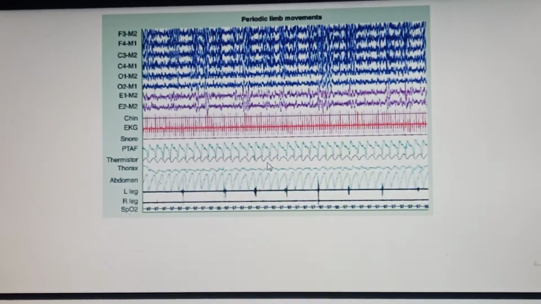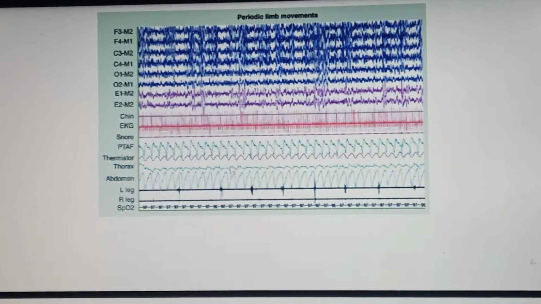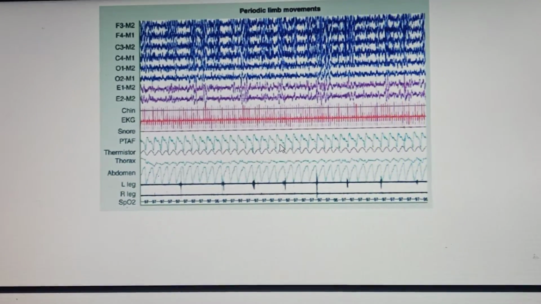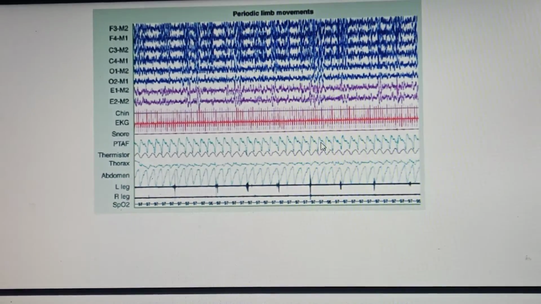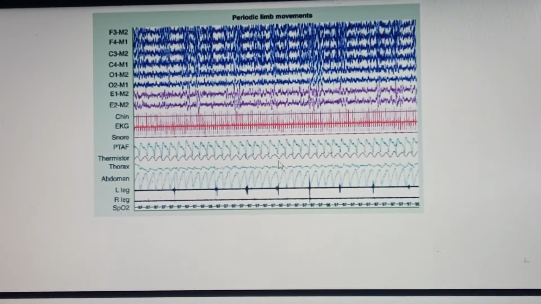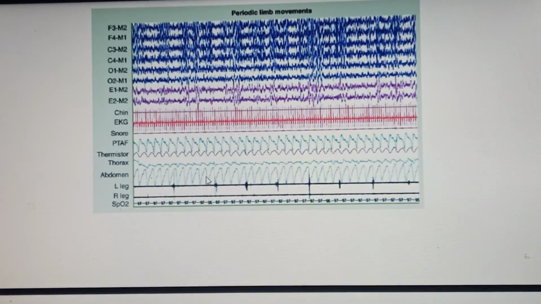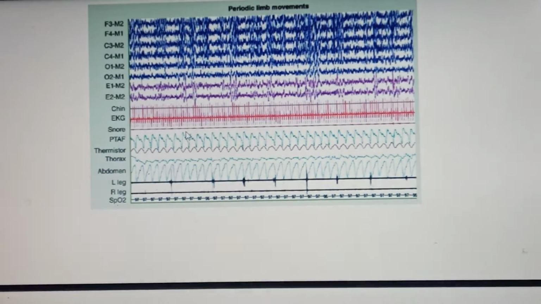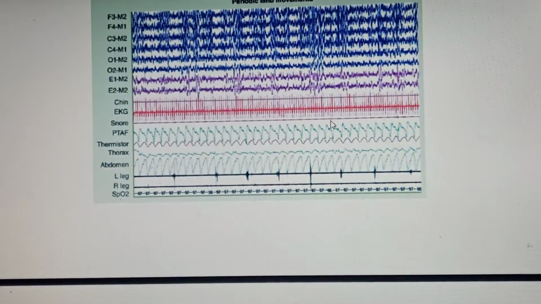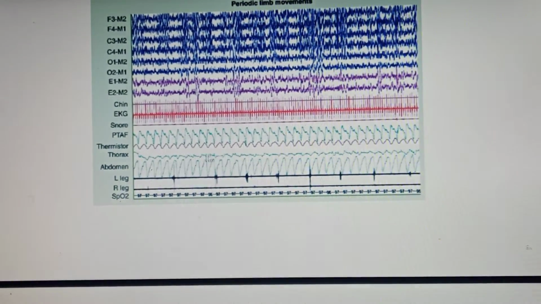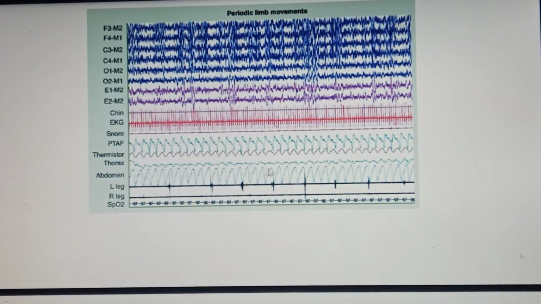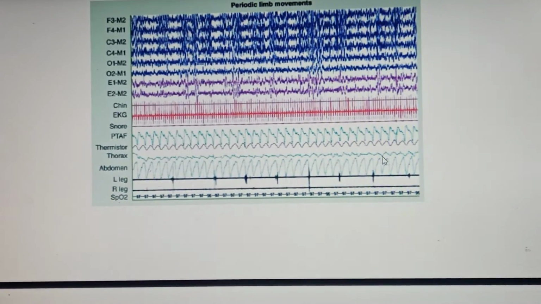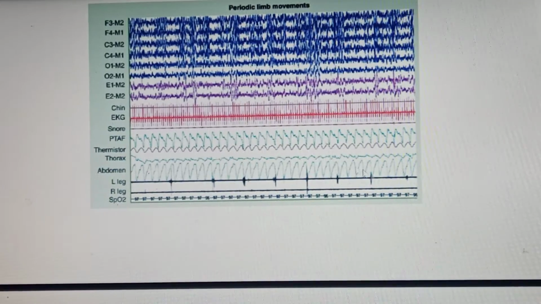Okay, for example, if the patient is awake here for 90 seconds, and you see leg movements before that 90-second awake pattern, there was a sleep pattern, and you see the leg movement, and the patient became aroused for about 90 seconds and then slept again.